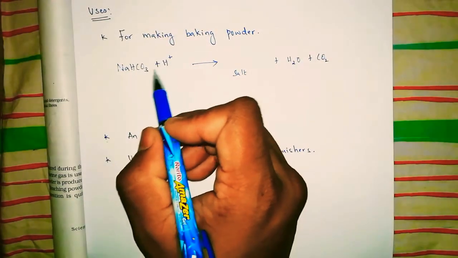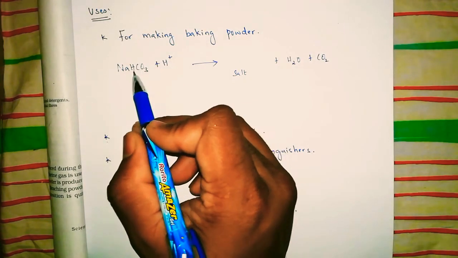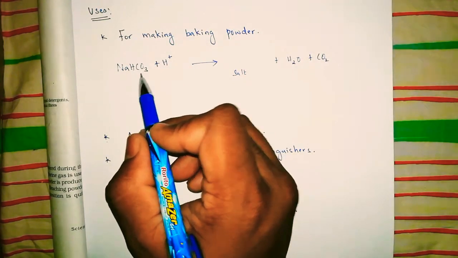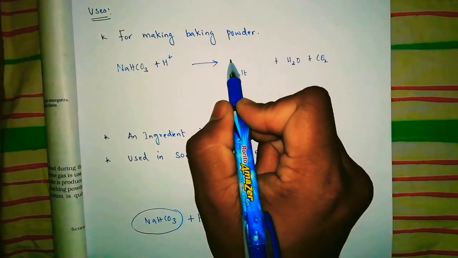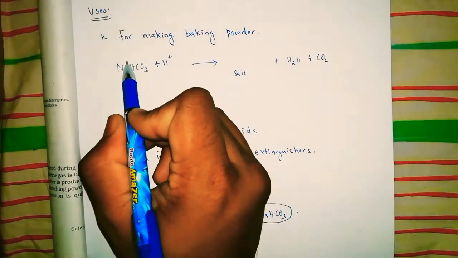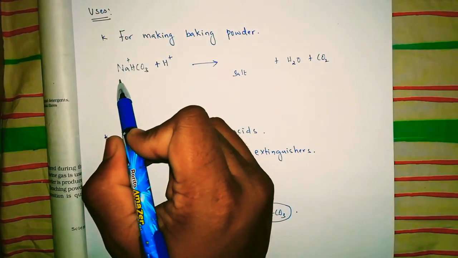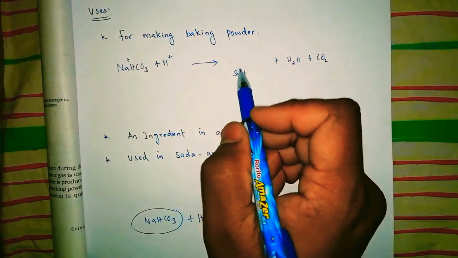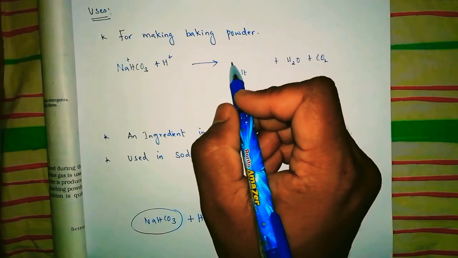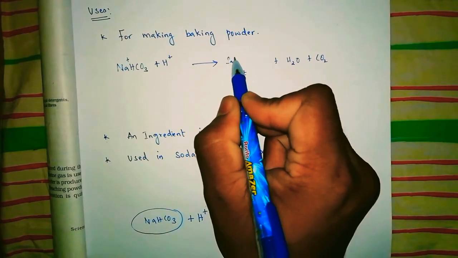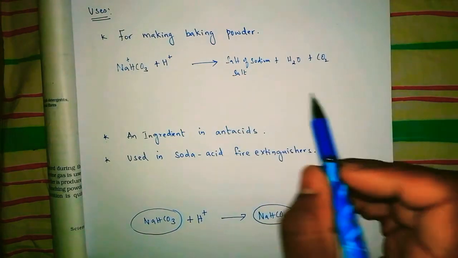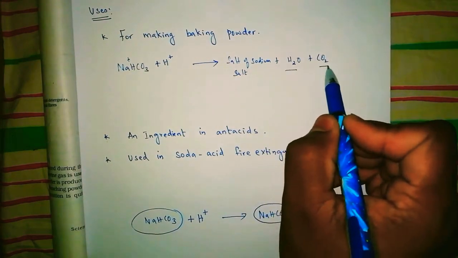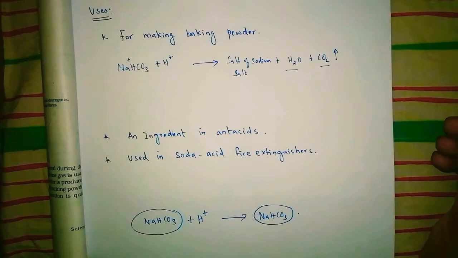So when we add an acid into baking soda, immediately we get a salt, and because sodium is a metal, it is going to be a salt of sodium, plus water and carbon dioxide.